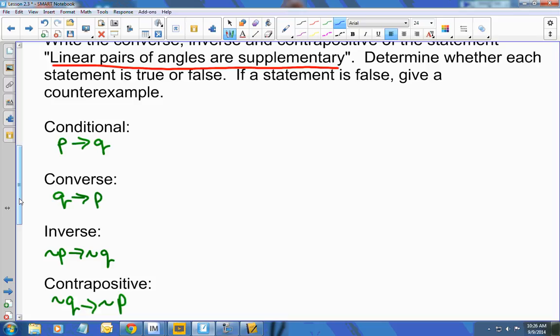Now, typically, your subject is your hypothesis, and your conclusion is your predicate most of the time. Now, if there's an if in there, sometimes you got to be careful and think about, okay, what does this sentence mean? But it says linear pairs of angles are supplementary. So if I put this in if-then form, I would say if two angles are linear pairs, then they are supplementary.